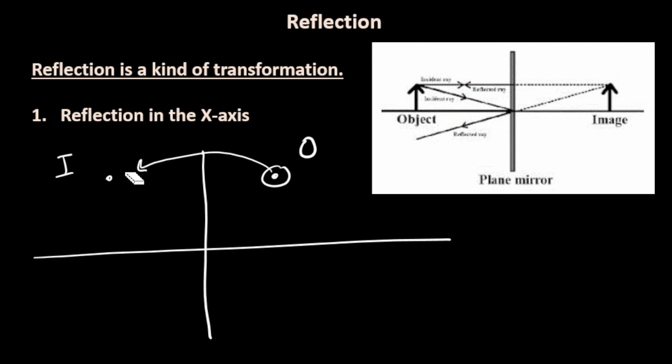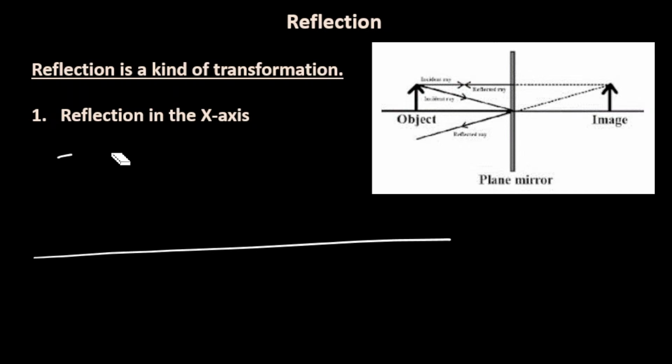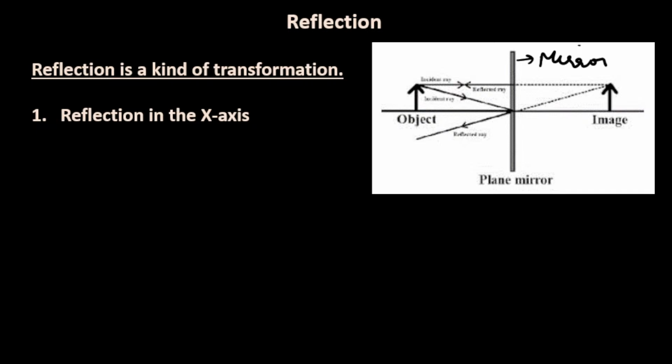Now reflection can happen in various ways, but one concept you have to understand when we are doing reflection, because reflection can happen in the x-axis, y-axis, in the origin and in some other line also. So we have to use the concept of reflection in a plane mirror, like image formation in a plane mirror. Suppose this is a mirror and we have an object here, or you are standing here.